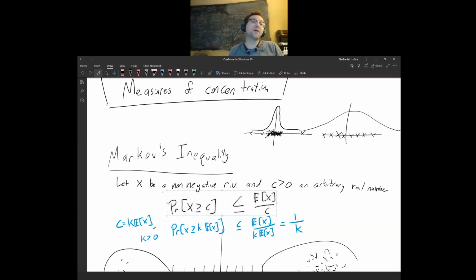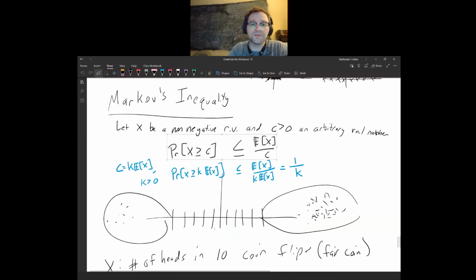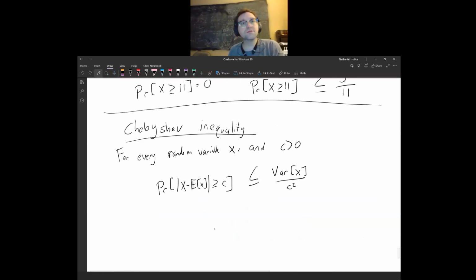Another nice thing about Markov is it works with any random variable, any one you like. Markov is always true. Similarly, Chebyshev is also always true.